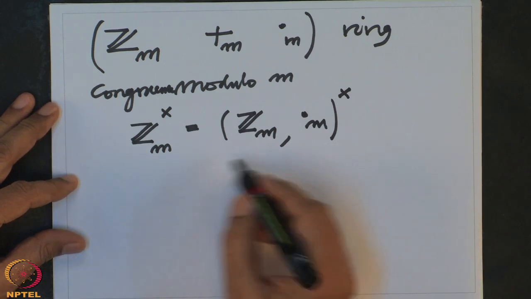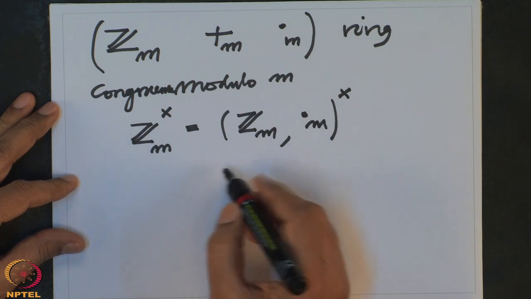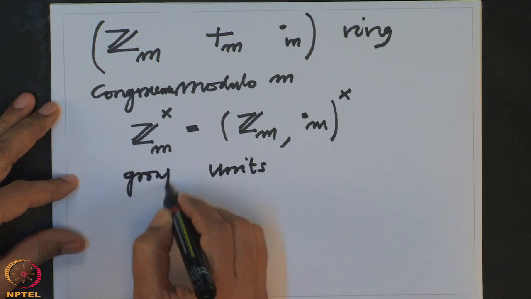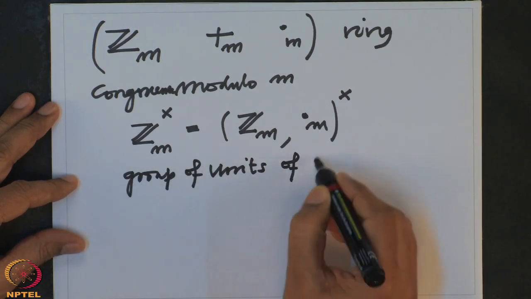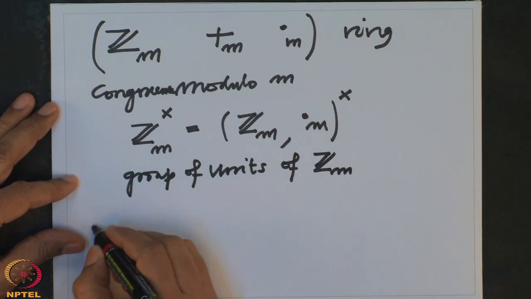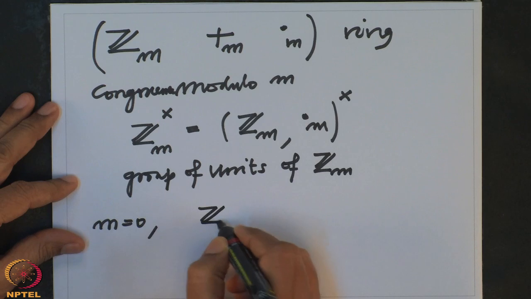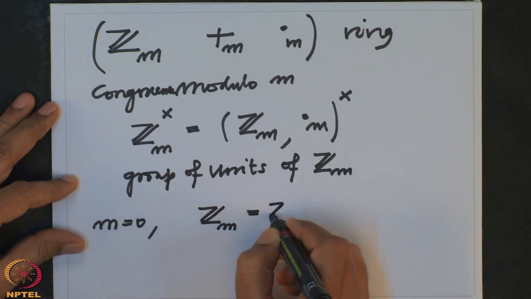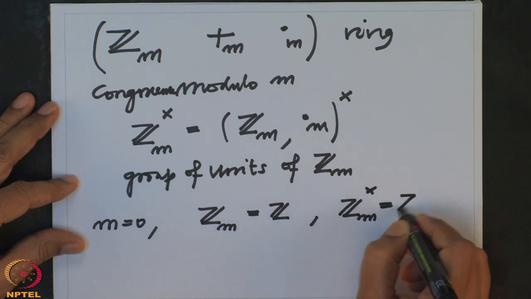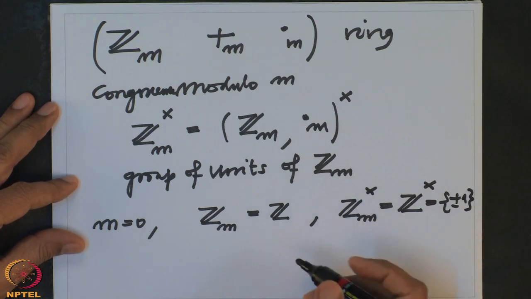That is obviously a subgroup of the multiplicative monoid of Z mod M. This is called the group of units of Z mod M. For example, when M is 0, Z mod M is Z, and therefore Z mod M cross is Z cross, which is only plus minus 1. So it is obviously cyclic of order 2.